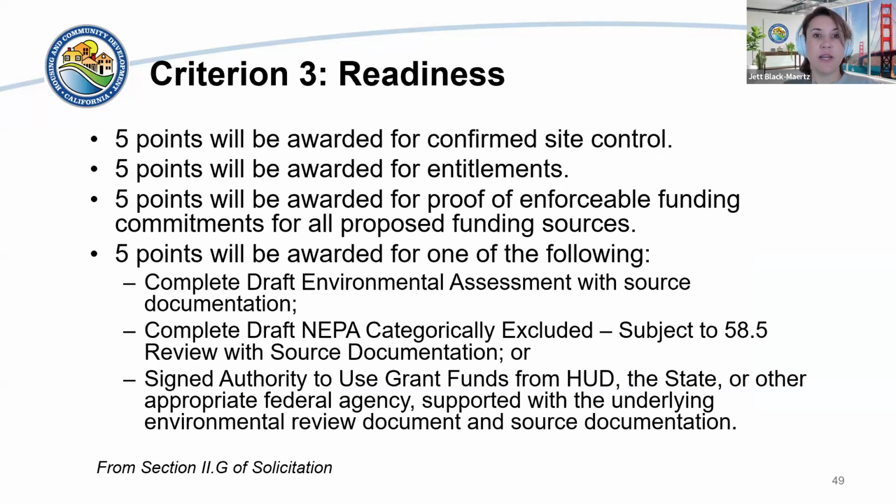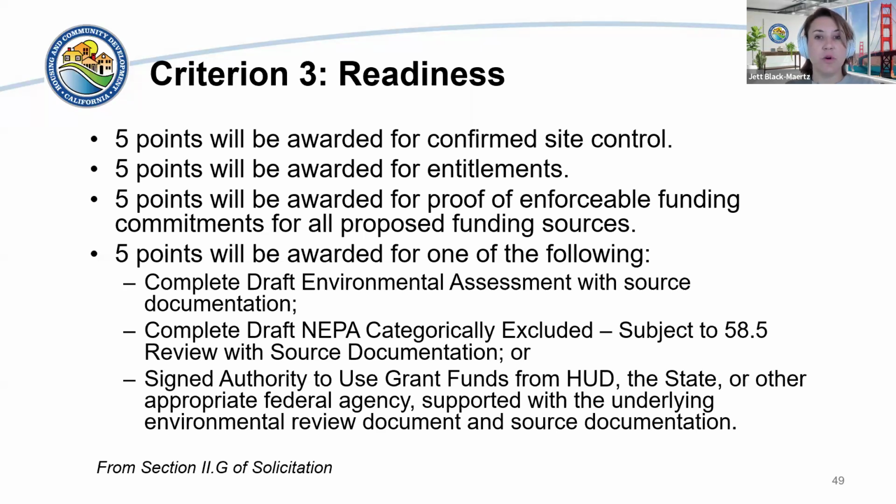The third criterion is readiness. This has several point sections associated with it. So 5 points will be awarded for confirmed site control. 5 points will be awarded for entitlements. 5 points will be awarded for proof of enforceable funding commitments for all proposed funding sources.